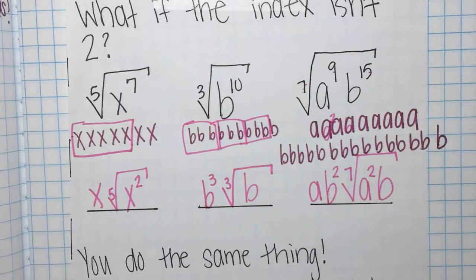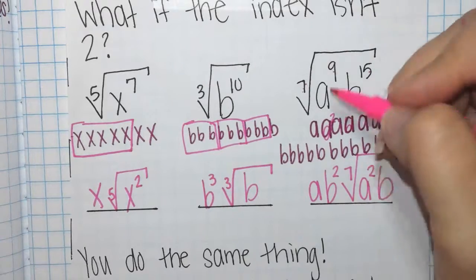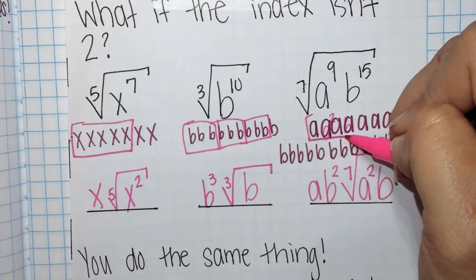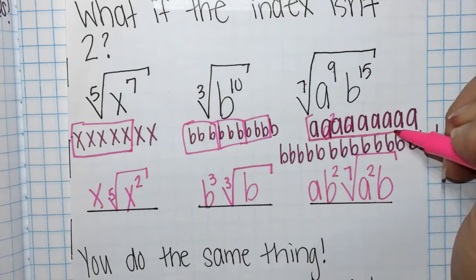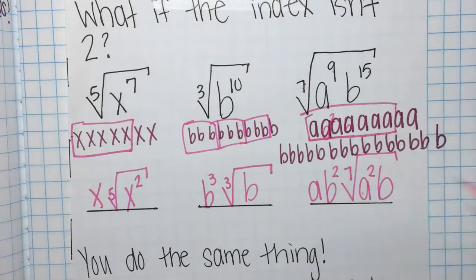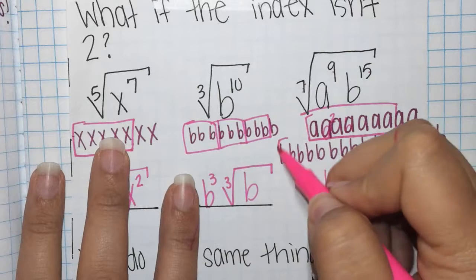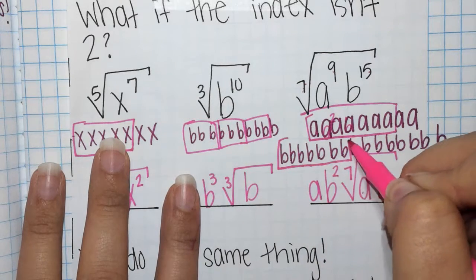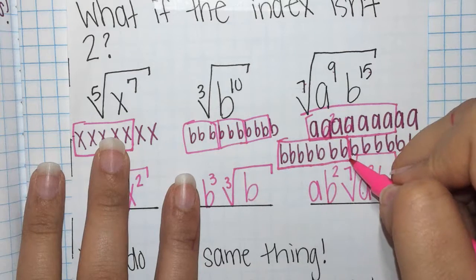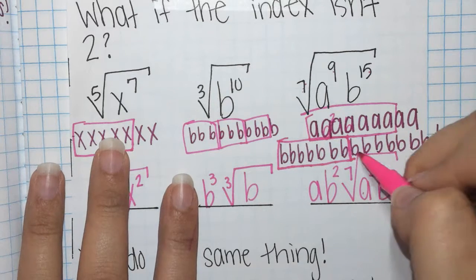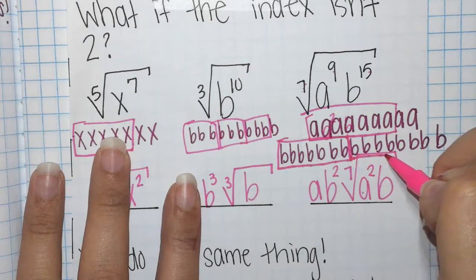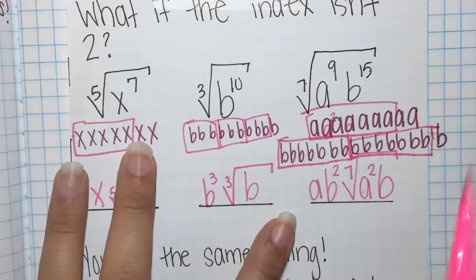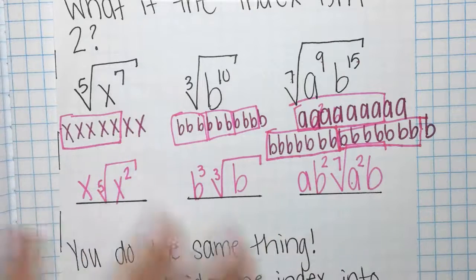And how many do I need in my group? 7. All right, so 1, 2, 3, 4, 5, 6, 7. And there's 2 left over. All right. I have 2 boxes on my b's, right? And that's why I put b squared and 1 left over.